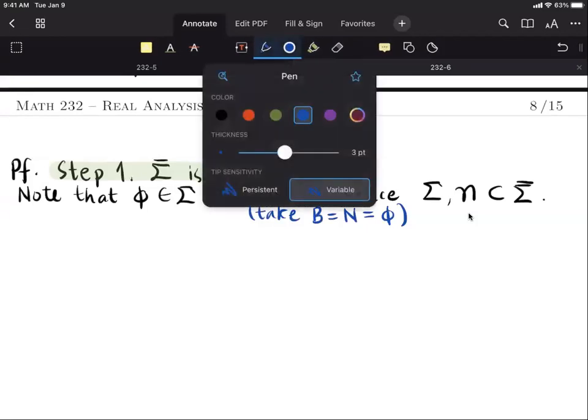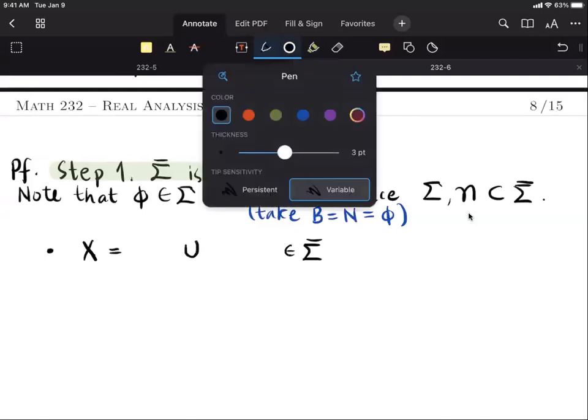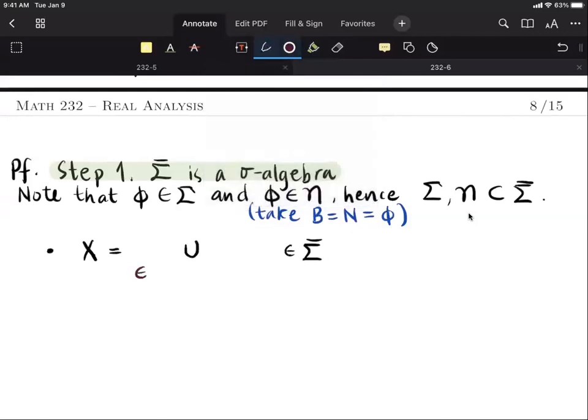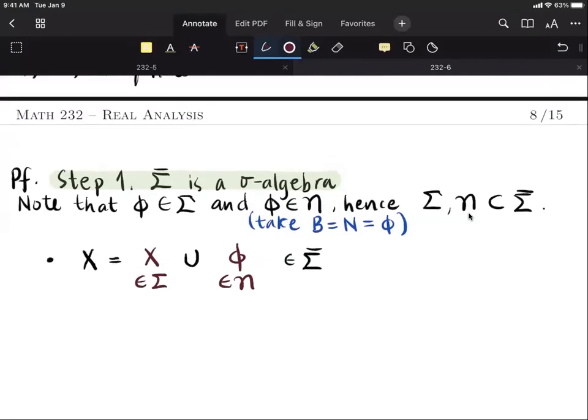Sigma algebra. So we need to establish the following. I want to show that X must be in sigma bar. The goal is to write this as a union of one element of sigma and the other an element of N. Well, you can simply write X as X union empty, and take note that the empty set is in N. Therefore, this implies that X is in sigma bar.